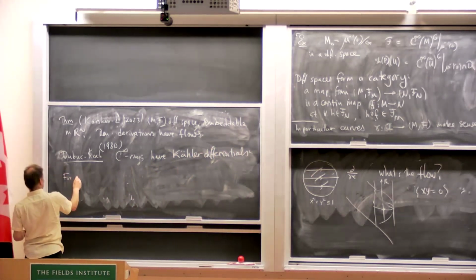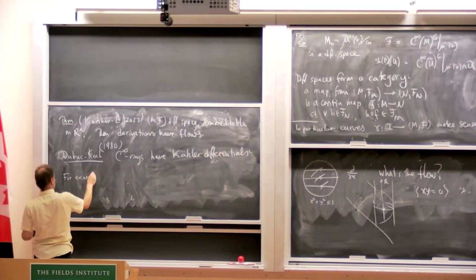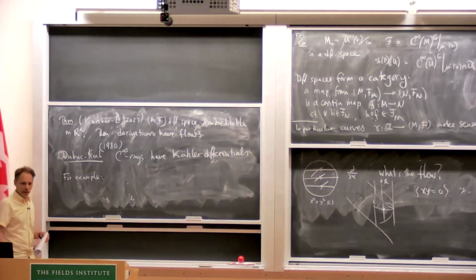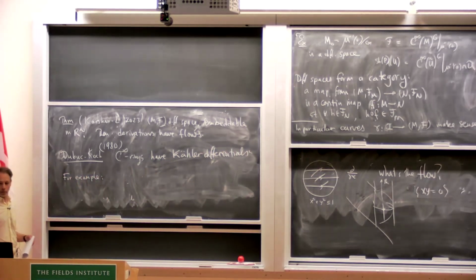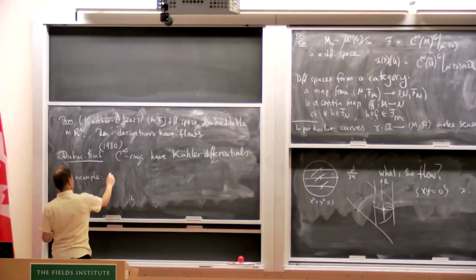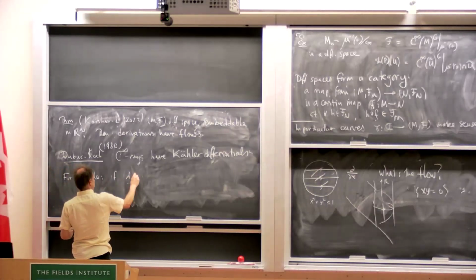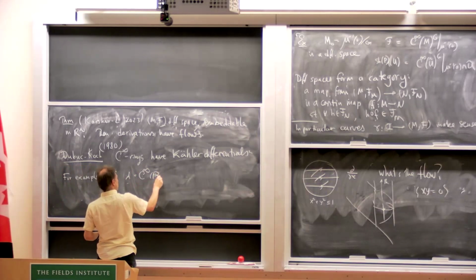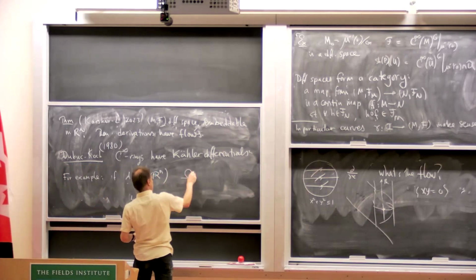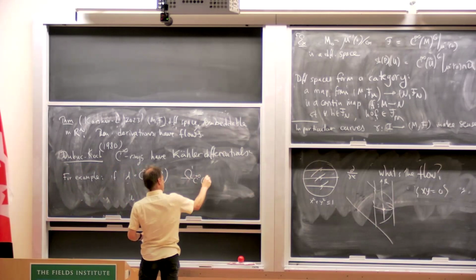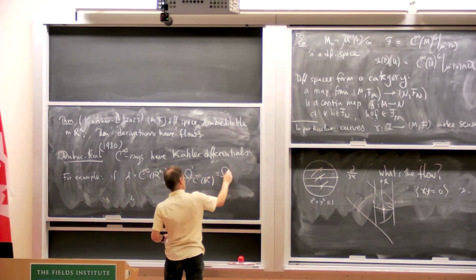So for example, they hid this theorem from everyone. I wish I knew about it when I was in grad school. If my ring is smooth functions on Rn, the Kähler differentials in this sense are differential forms.